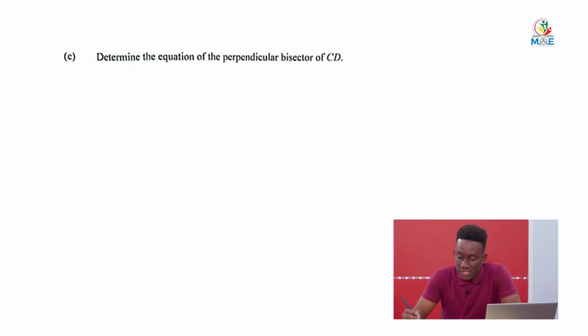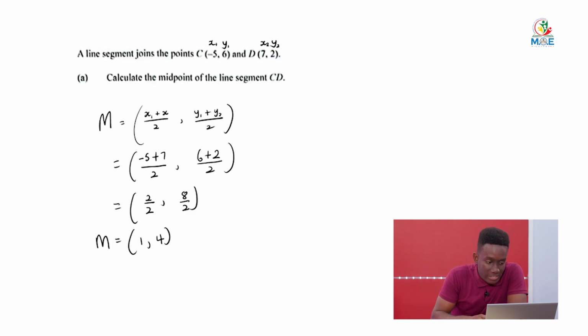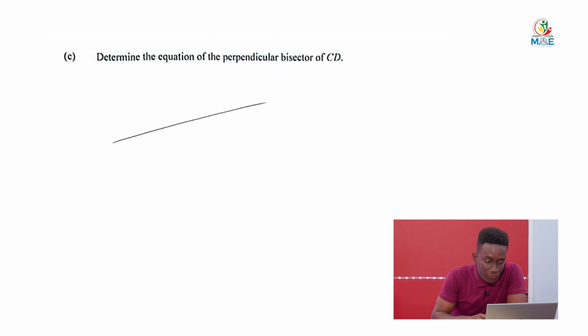The next question says, determine the equation of the perpendicular bisector of CD. When we talk about the perpendicular bisector, let's say we had this line here, and the midpoint of this line would be (1, 4).